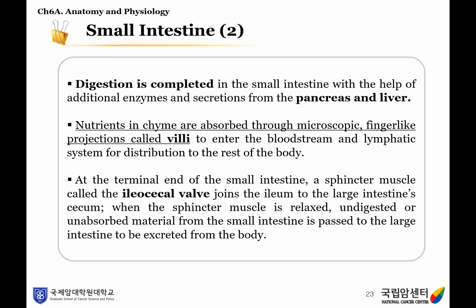And also, at the terminal end of the small intestine, there is a sphincter muscle which is called the ileocecal valve. This joins the ileum to the large intestine's cecum. When the sphincter muscle is relaxed, undigested or unabsorbed material from the small intestine is passed to the large intestine to be excreted from the body.